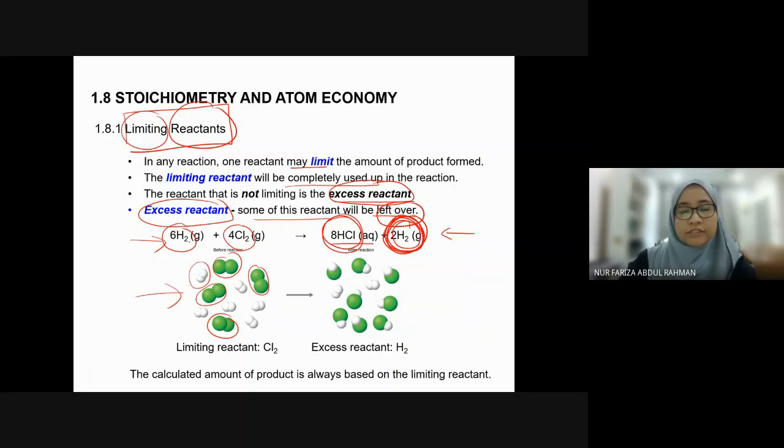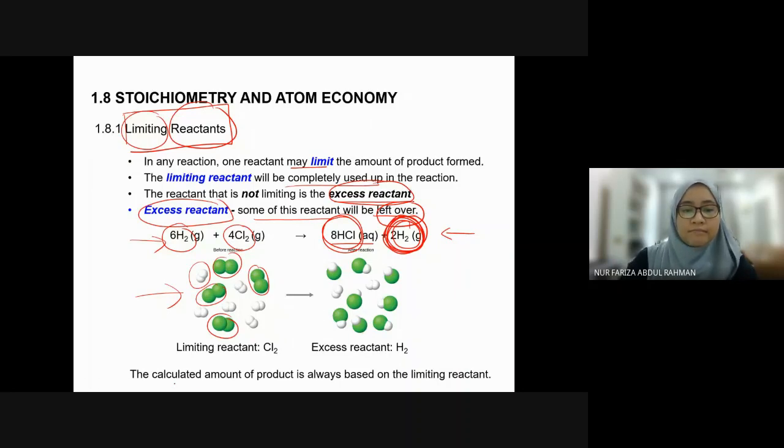So these two will combine to produce HCl. Chlorine finishes first, and we have remaining hydrogen gas at the end of the reaction.